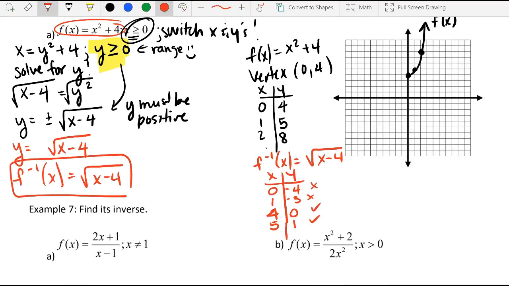Good. I need 3 points. So I'm going to pick 8 next. 8 minus 4 is 4. Square root of 4 is 2. So those are the 3 values we are going to use: 4, 0; 5, 1; and 8, 2. Connect these dots and label this f inverse. Wait, oh my gosh, aren't these the same values, switching the x and y's?